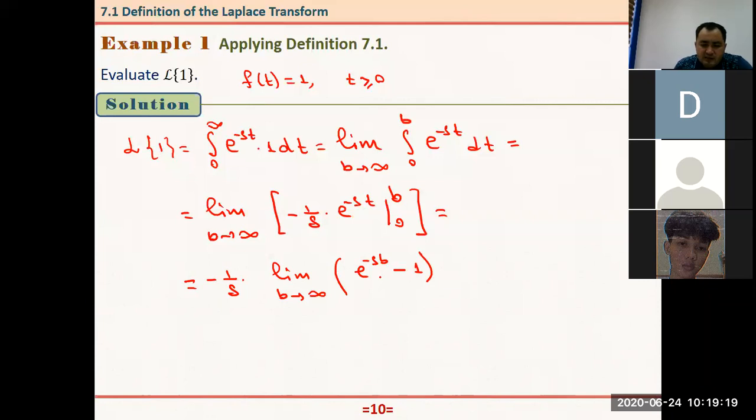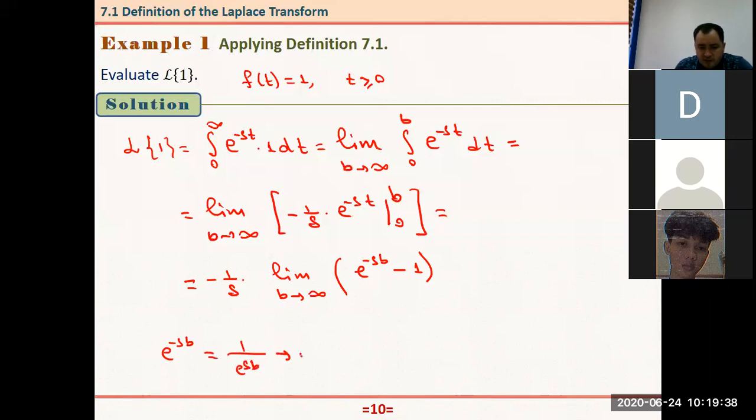Now, when does this limit exist? Actually, if s is positive, right? So if s is positive, what happens here? Here we have e to the power minus sb, which is equal to 1 over e to the power sb.